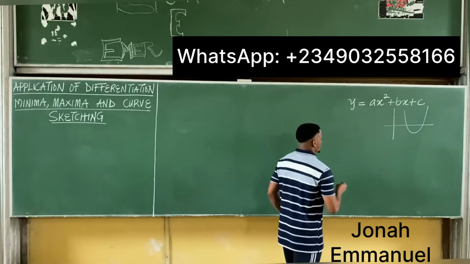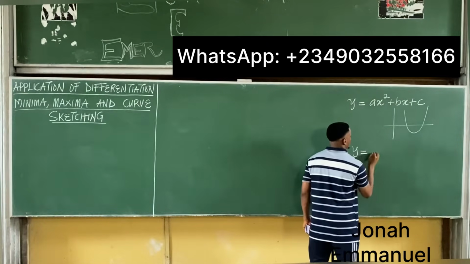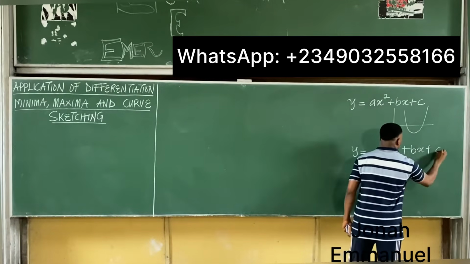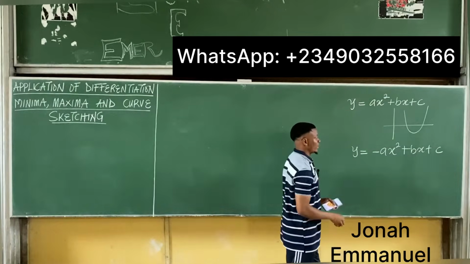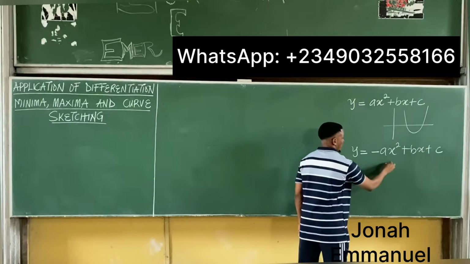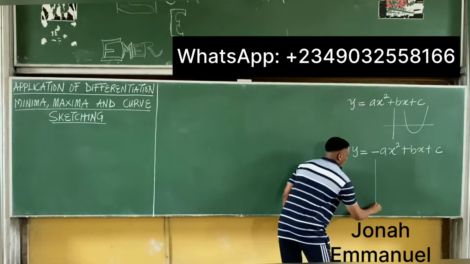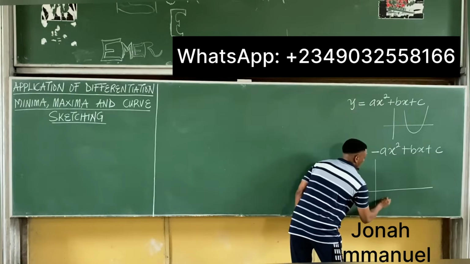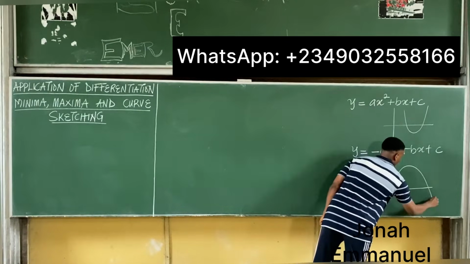Also, if I have an equation such as y equal to minus ax squared plus bx plus c, for an equation such as this where I have a negative as the coefficient of x squared, for a curve of this nature here or of this kind of quadratic equation, I will have a curve such as this.